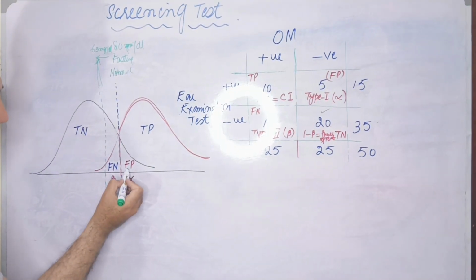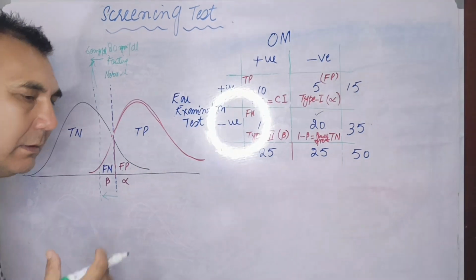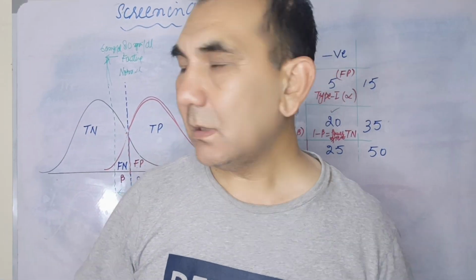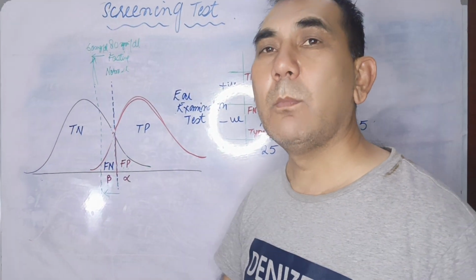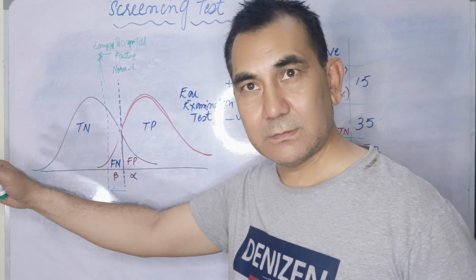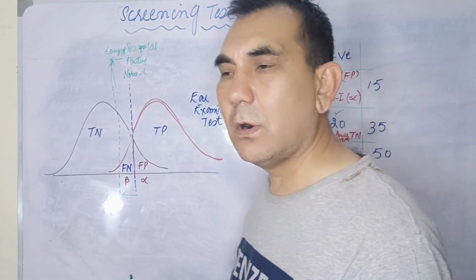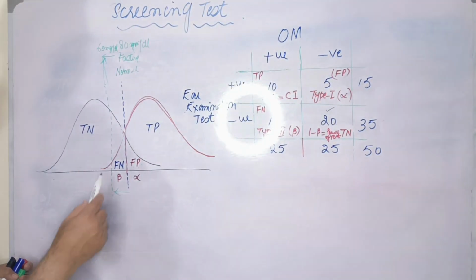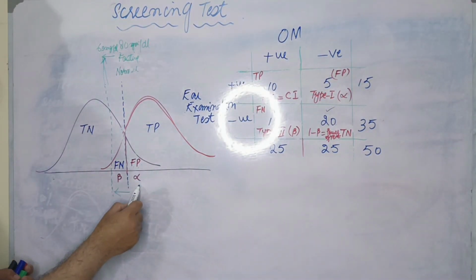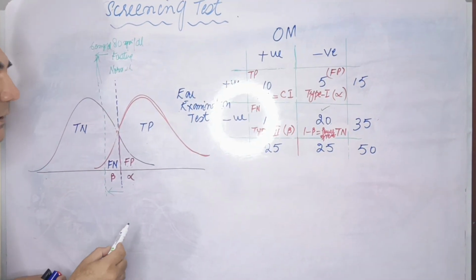Then your false positive and true positive people both will be increased, because I decreased the cutoff value of the blood sugar level. It means the alpha will be increased and the true positive also will be increased.